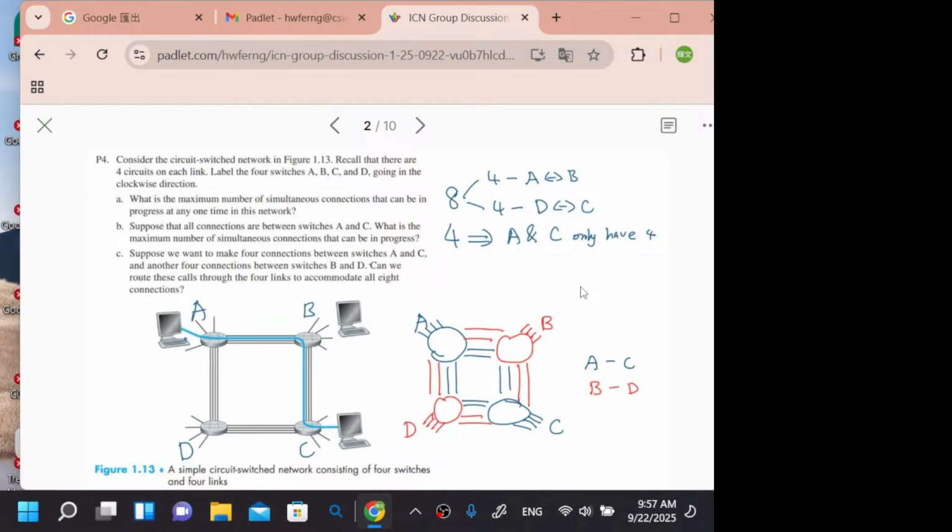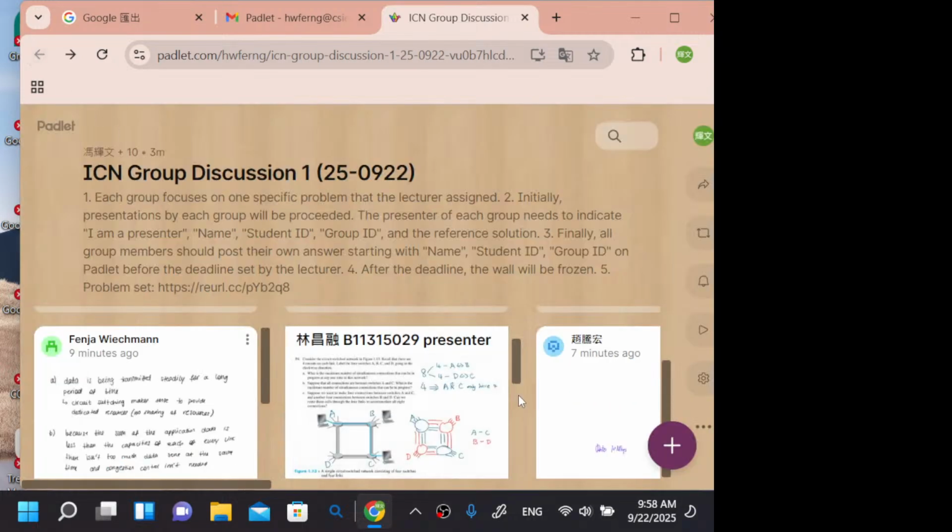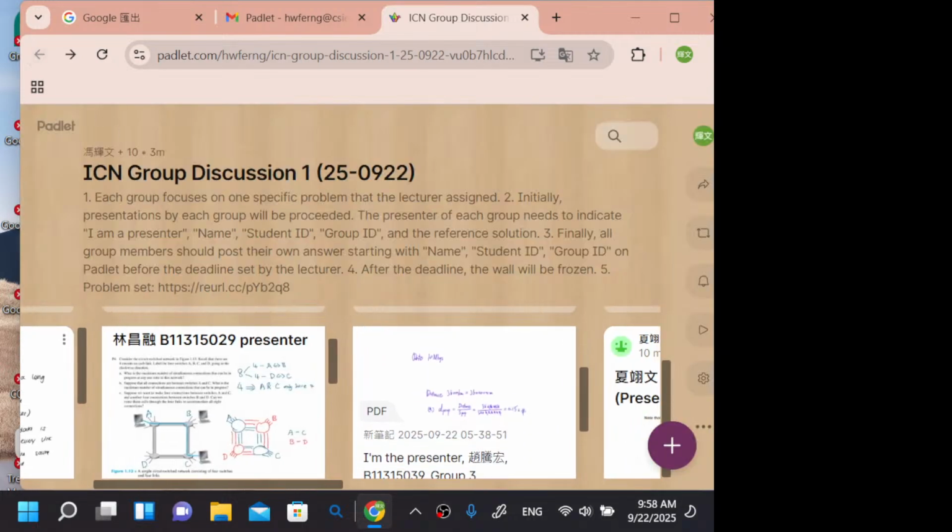So this is the answer for problem 2. Because Fenya and Changrong were the presenters, I will give them 2 points of bonus. And for the answer, I will check it. If it's okay, 4, 5, or even 3 points only. So we have the presentation from Group 2. And later, we have the presentation from Group 3, Teng Hong.